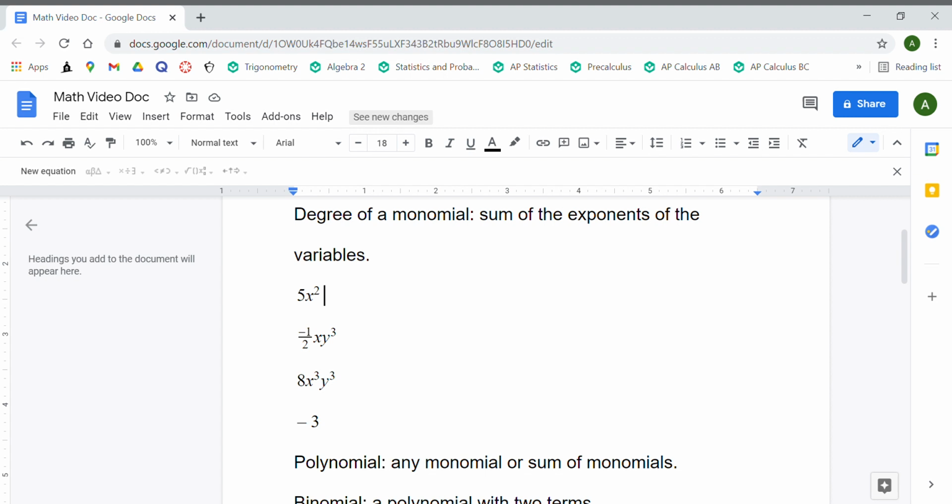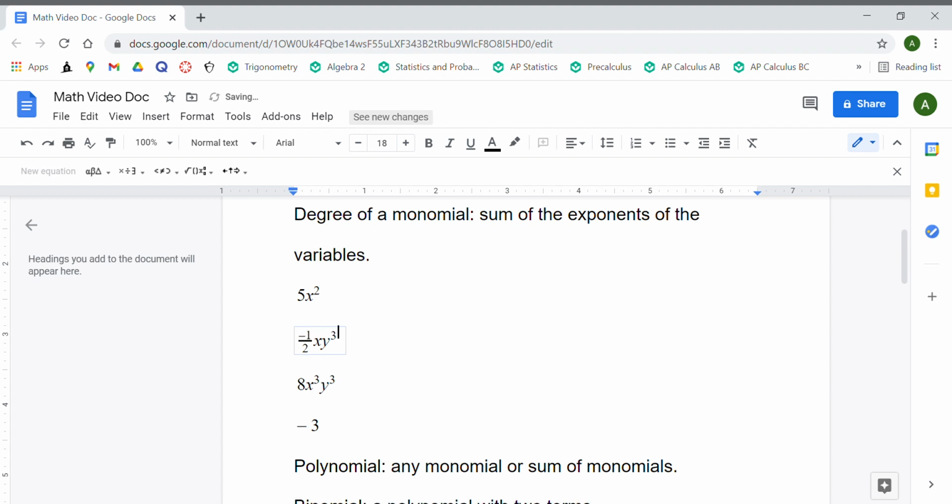Alright? For this one right here, we have negative 1/2 times xy cubed. There are two variables going on here, and we're talking about the sum of the exponents. Now we just have an x, so what does that mean? Well, you have just x.